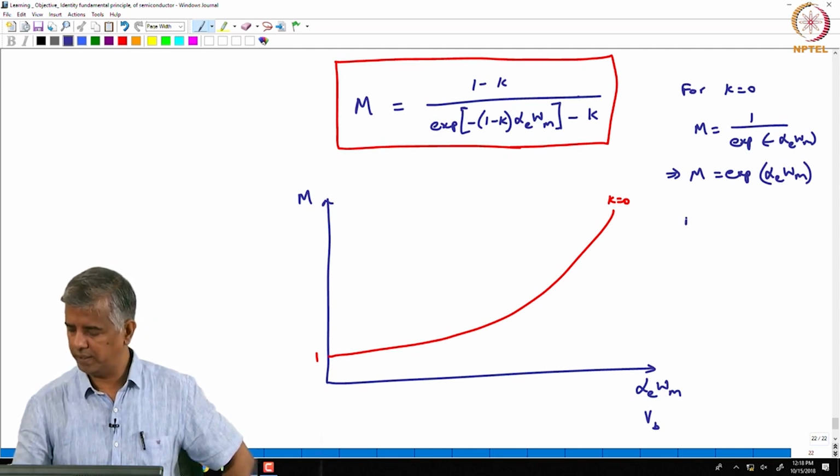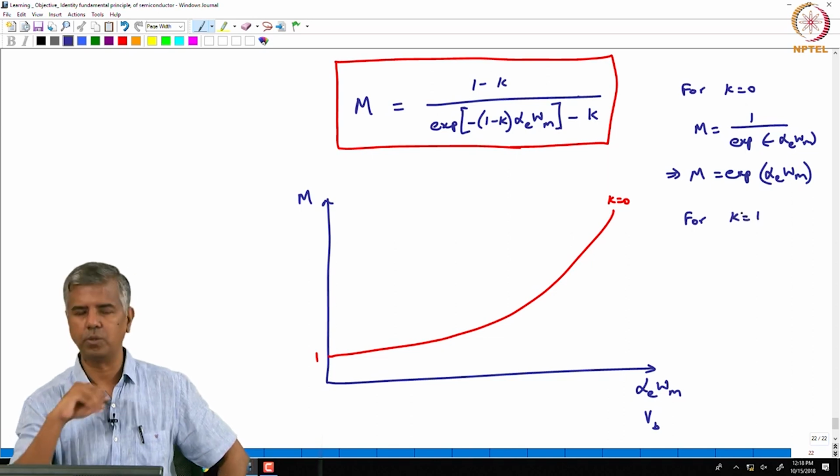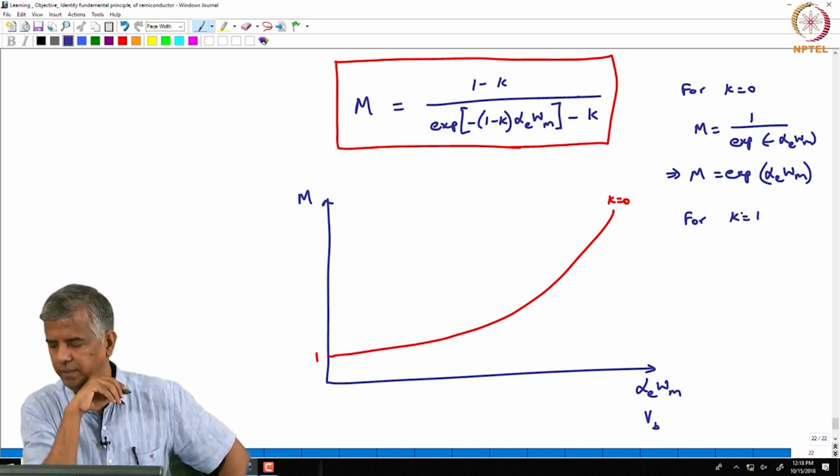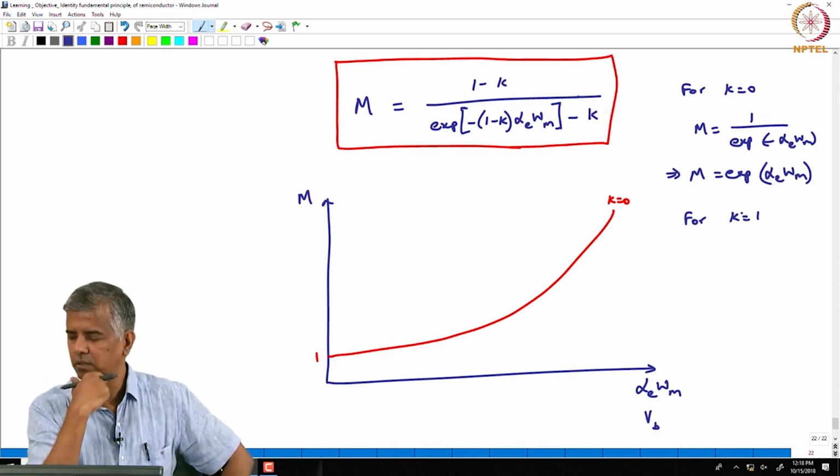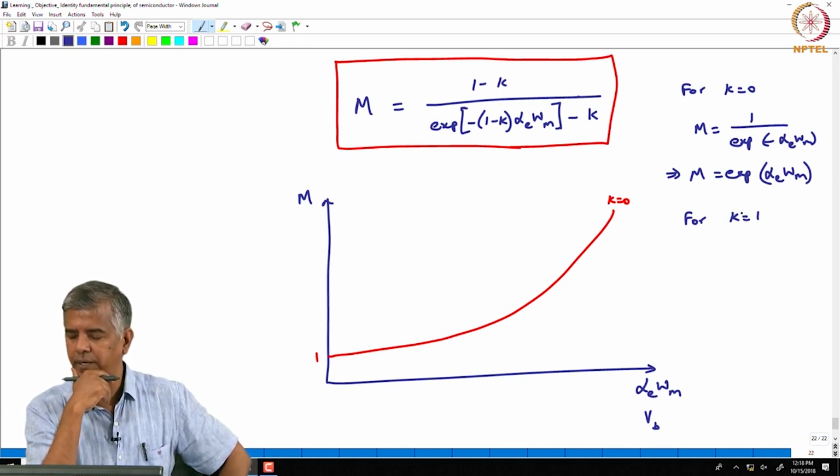Now, the other extreme is for k equal to 1, which means that impact ionization coefficient is the same for both electrons and holes. In that case, what do you get? 1 minus 1 is 0, and the denominator is also 0.